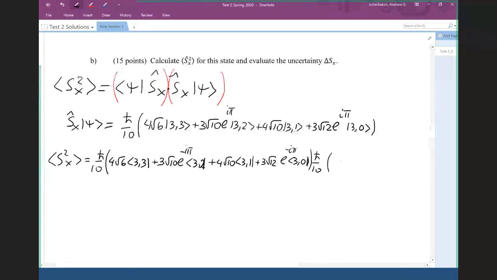Now I'll copy all this. You understand that I'm actually writing more than I have to in this problem, but hopefully it will make it more clear.